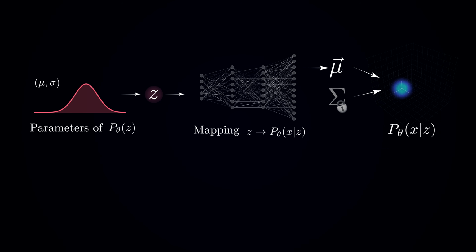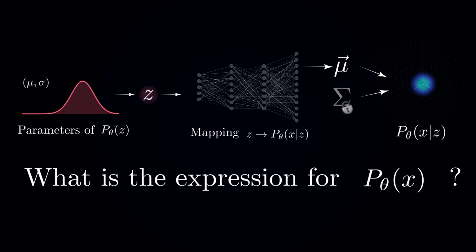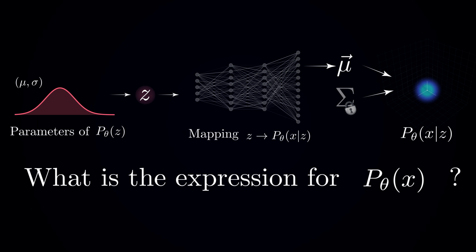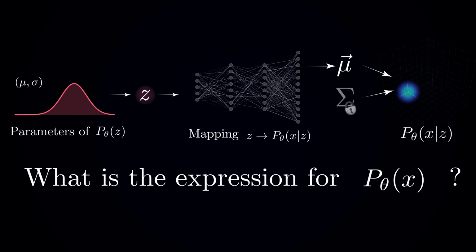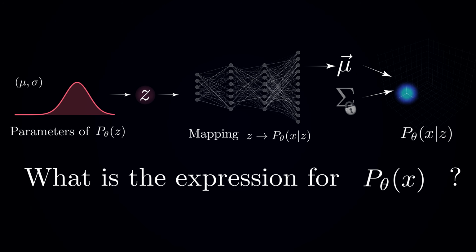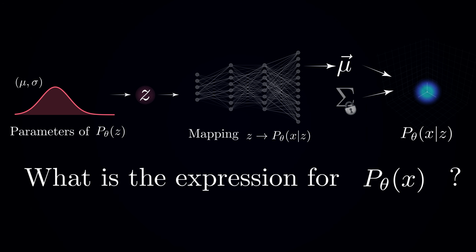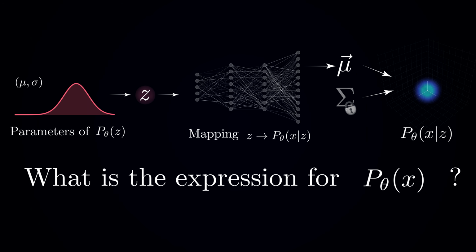Great! Now, all that remains is expressing the probability of a single data point in terms of our model parameters. Remember, the generative model transforms the value of a latent factor z into parameters of the conditional probability distribution p theta of x given z, which tells us how likely we are to observe a particular data point given a specific value of the latent variable.